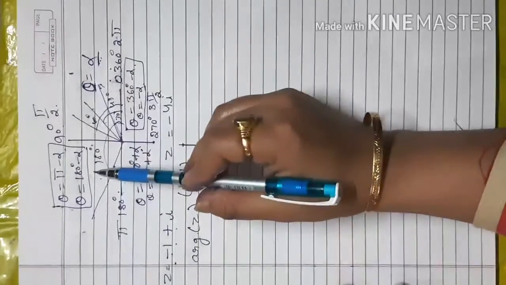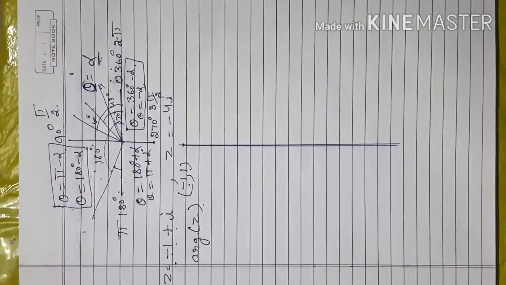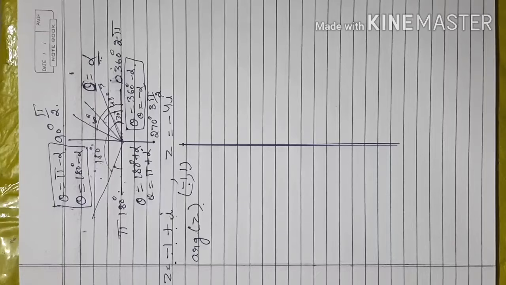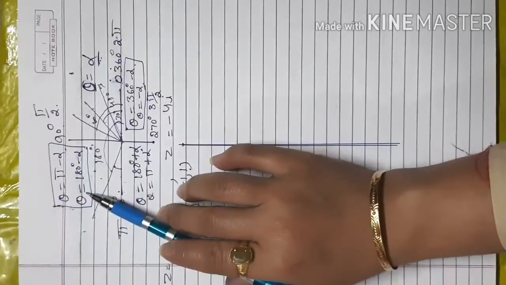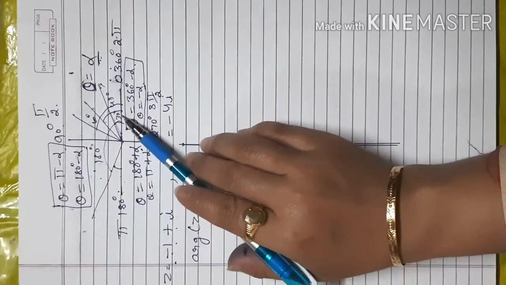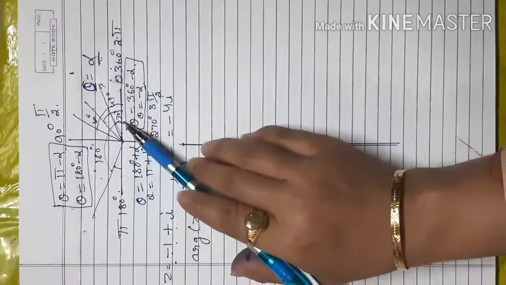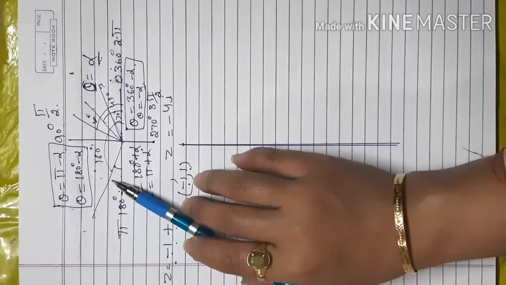That means it lies in the second quadrant. Now the basic thing is how I can find the angle in the second quadrant of this complex number, because we can identify that if this complex number lies in the second quadrant, how much angle it will be far away from the 0 degree.